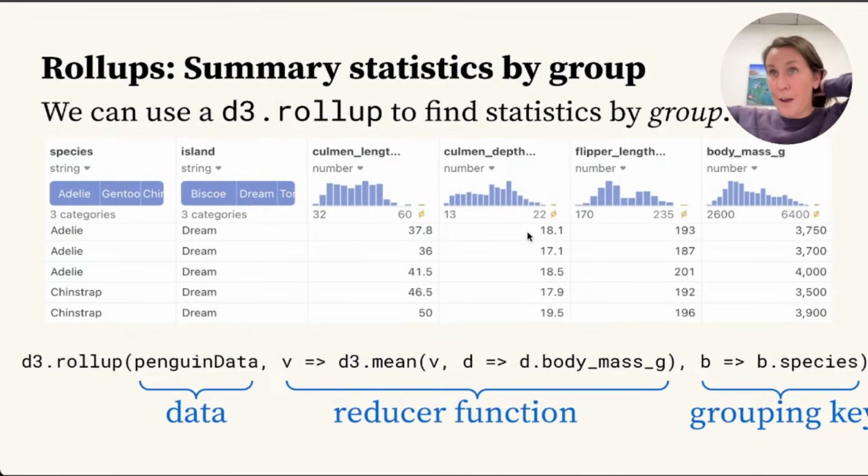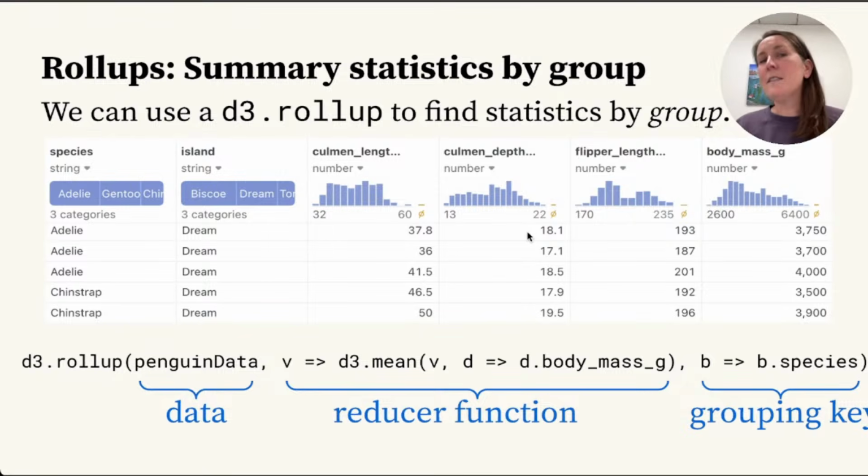Now, there are ways you could get around it, right? You could create these different subsets and then apply that mean to these different subsets, but that's kind of tedious. It seems like we should be able to roll these into one, which is what we're going to learn now. And we're going to do that in JavaScript using D3 rollup and a friend that we'll see that just gives you a slightly different output.